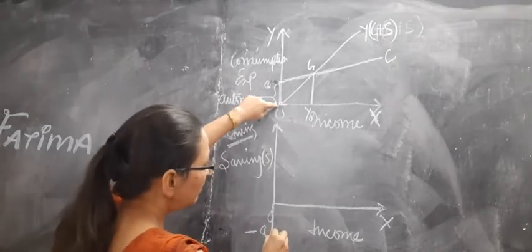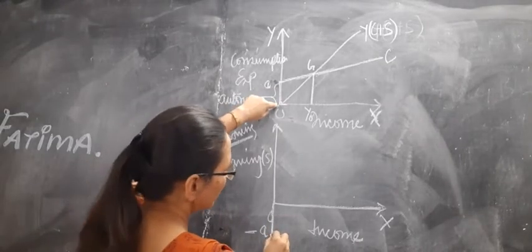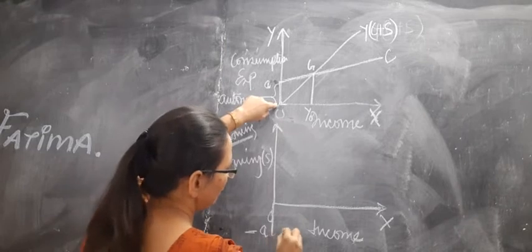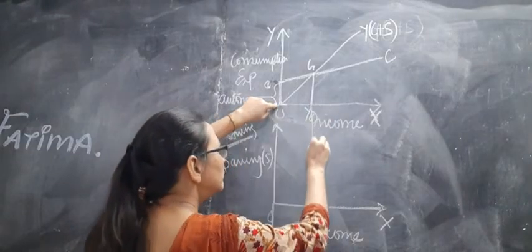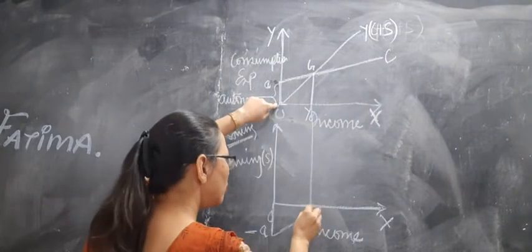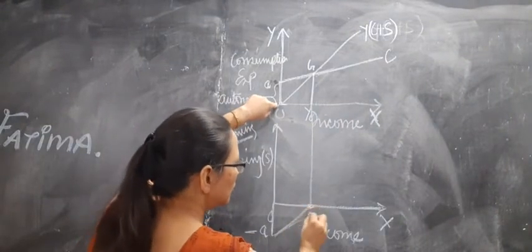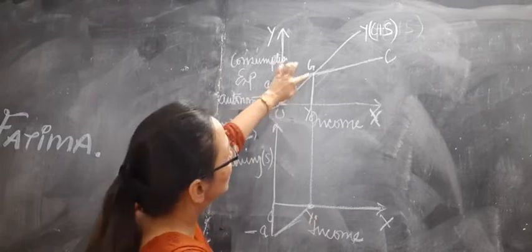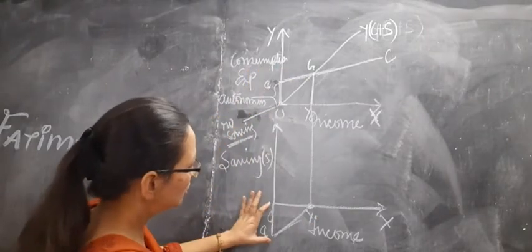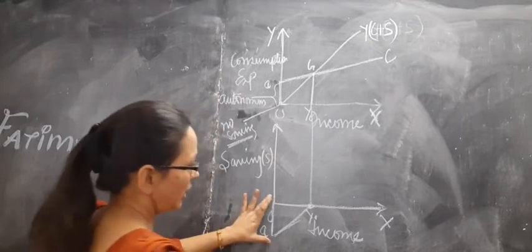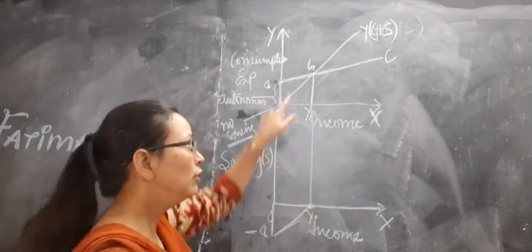So we start the saving curve from below the axis, and now we connect these two like this. This is the Y0 level of income. When there is no saving, it is shown by minus A. This is the S line we are drawing from this curve.